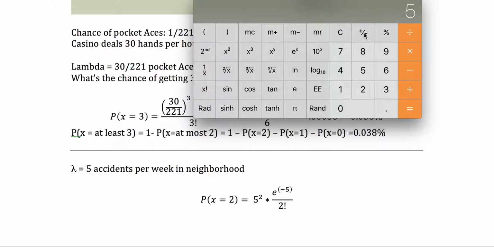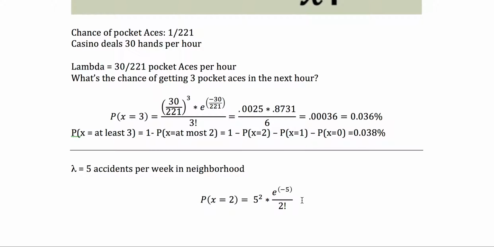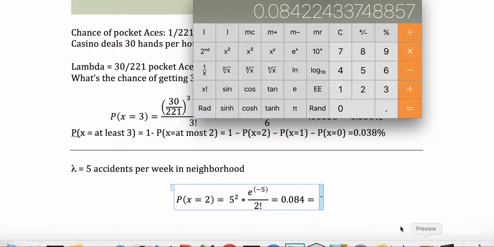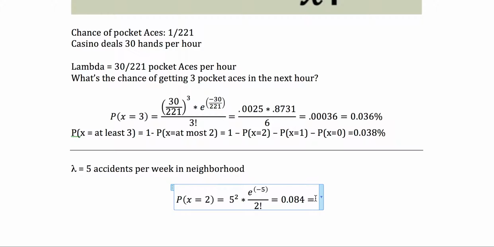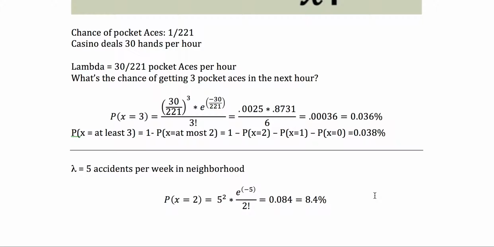E to the minus 5 is this, times 25 divided by 2 is 0.084, which is about 8.4%. So if a neighborhood has an average of 5 accidents a week, the chance that 2 accidents will happen in this given week is about 8.4%.